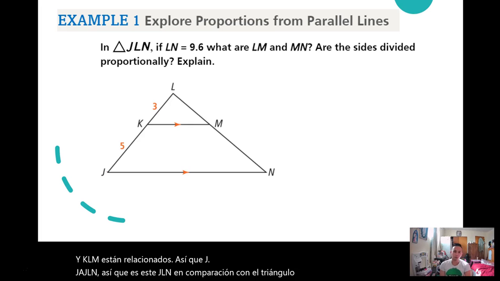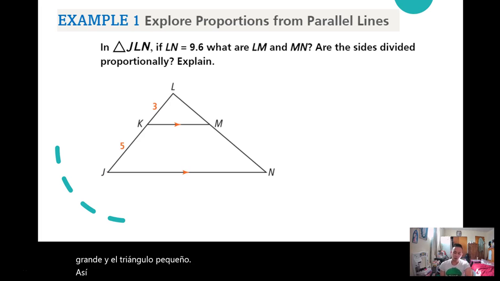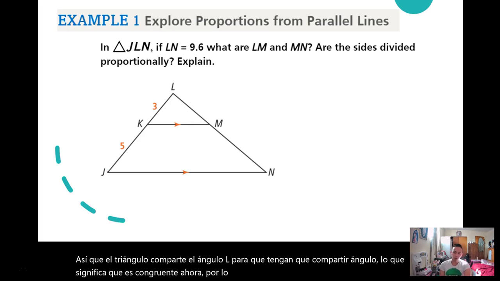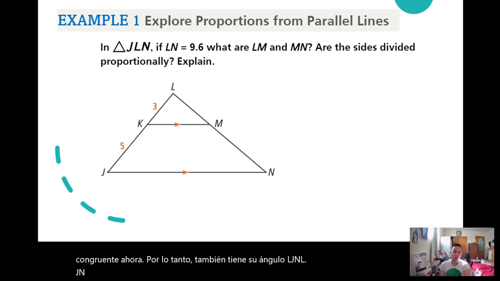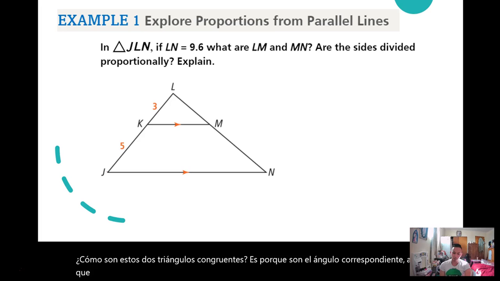It's the big triangle and the small triangle. The triangles share angle L, meaning it's congruent. Therefore, you also have angle LJN congruent to LKM. How are these two angles congruent? It's because they are corresponding angles, so we'll be using the corresponding angle theorem.